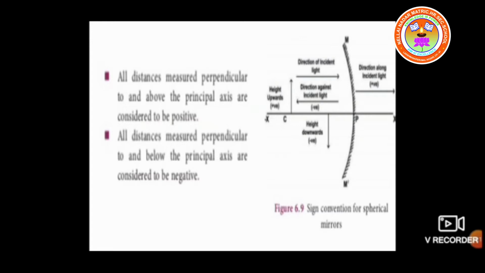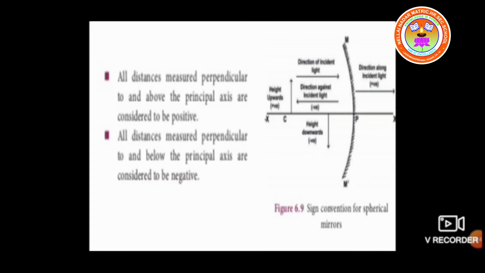So if you are measuring values towards downwards to the principal axis, those values are taken as negative. That is, all distances measured perpendicular to, below, the principal axis, meaning the direction towards downwards, are considered as negative.